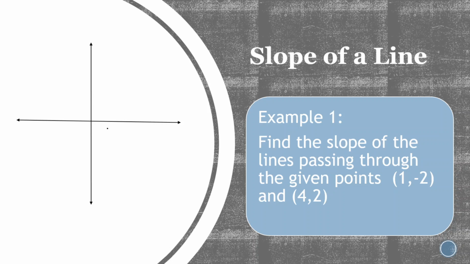Okay, so if we're given 2 points, (1, 2), (1, -2), and (4, 2), we're going to connect these two with a line.